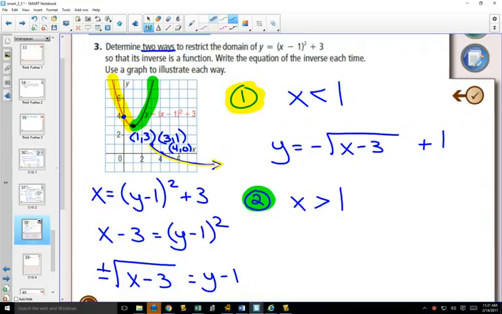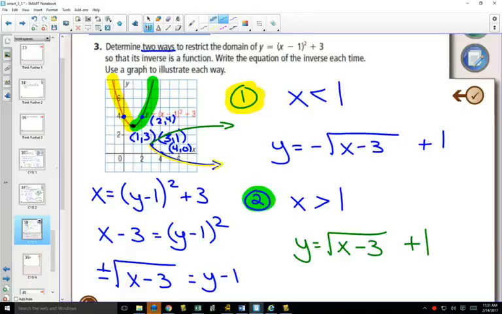Well, now if I took this point here, which is on our original graph (2, 4), we would have (4, 2). And I'm just going to draw this part in green to say that that is connected to the green part. And so our equation of that one is the positive square root that we found.